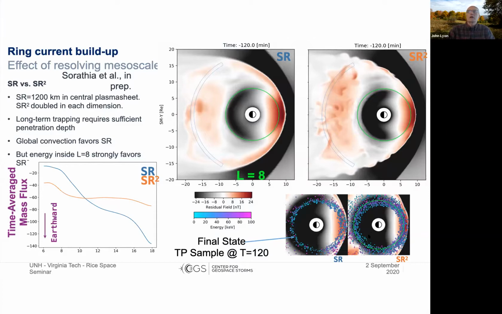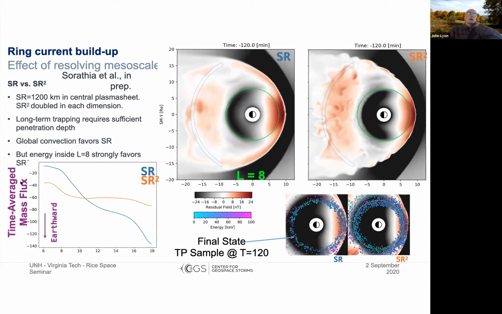the higher resolution actually brings stuff in closer, and you can see the time averaged mass flux for these particles over here on the left. SR is the lower resolution, and SR2 is a doubling of the resolution.